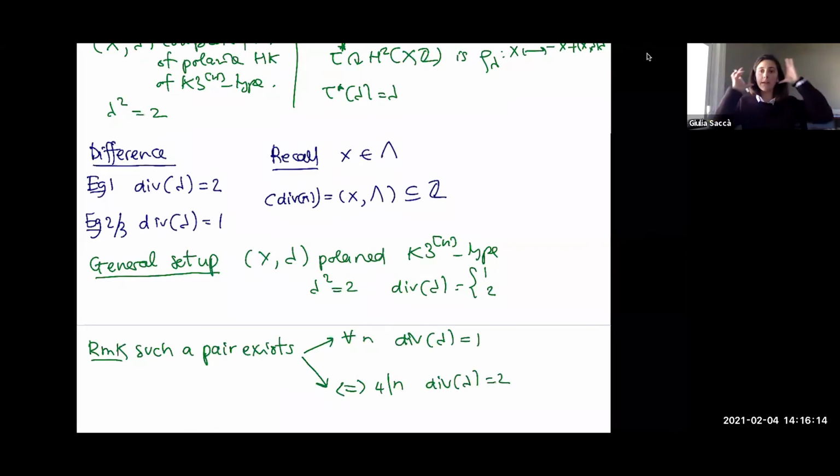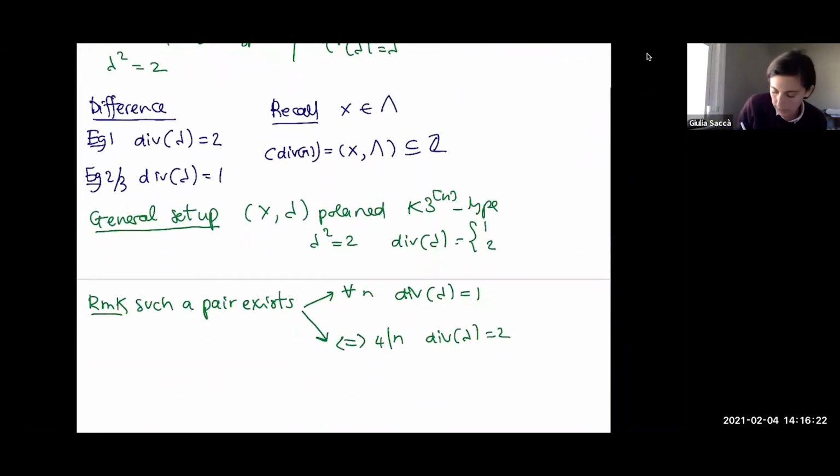And these are lattice theoretic conditions that guarantee the existence of these polarized families. And when these pairs exist, the moduli spaces are irreducible.